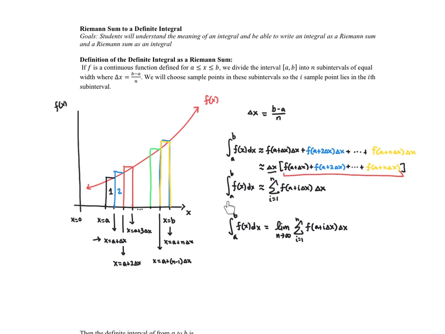So this right here, let me bubble this in. This is the formal definition in sigma notation. This is the Riemann sum for a definite integral.